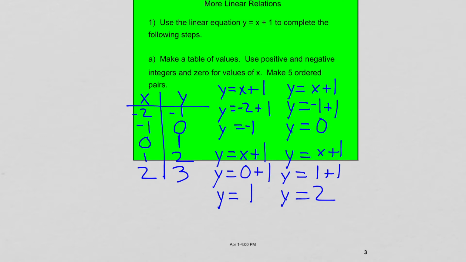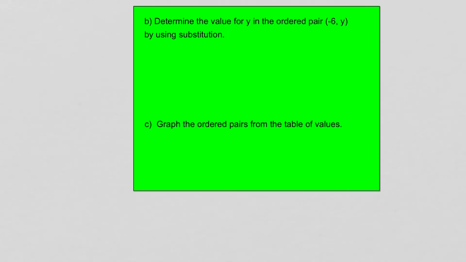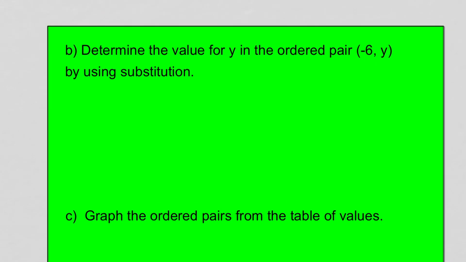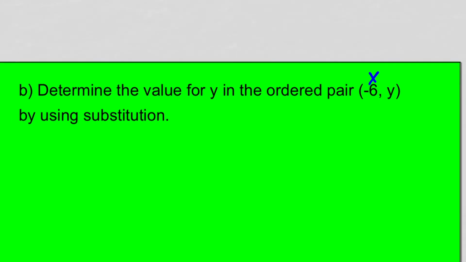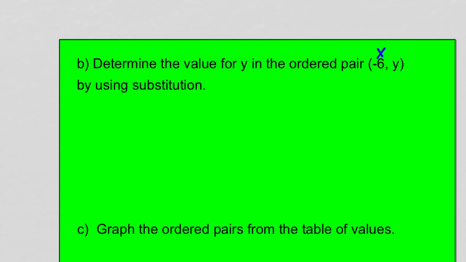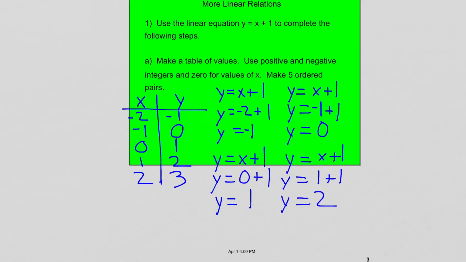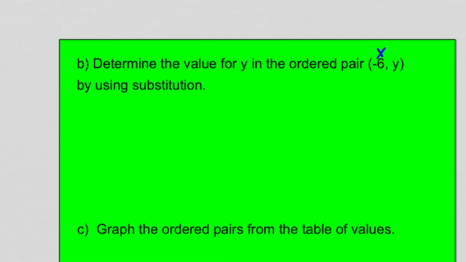Let's take it a step further now. The next question says, determine the value for y in the ordered pair -6, y by using substitution. So we've been given, in this case, that the value for x is -6, but we want to figure out the value for y. So we're going to use our math equation. This is still the same question from here, so we're going to use this math equation.